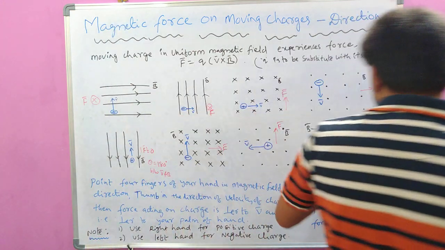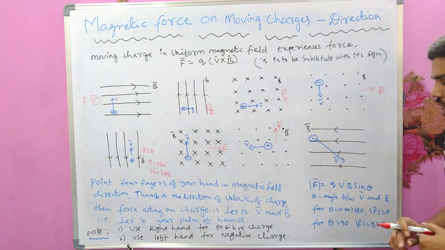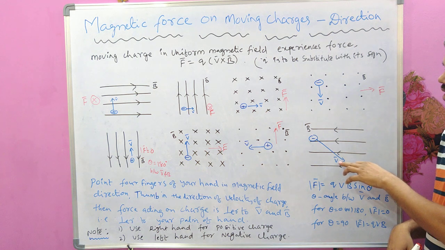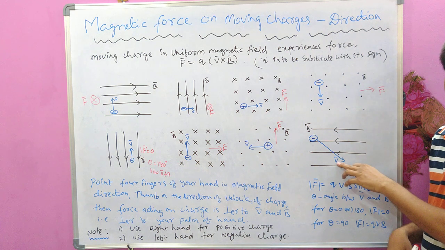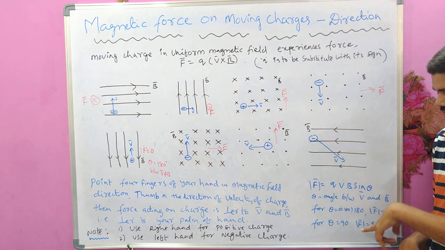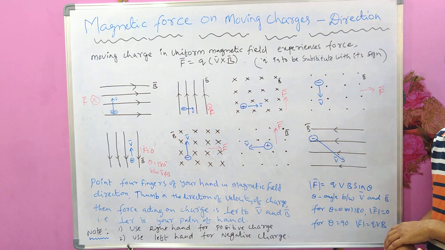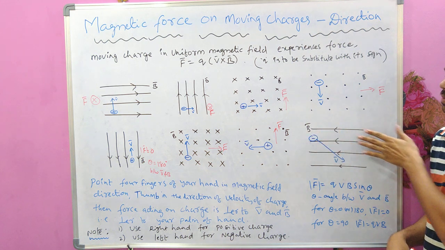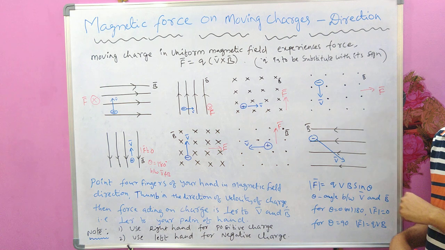Right? And this is the last example that I have taken, where the velocity of the charged particle is making an angle other than 0 degrees, 180 degrees and 90 degrees. You can see this. The velocity direction is this way and the magnetic field direction is this way.